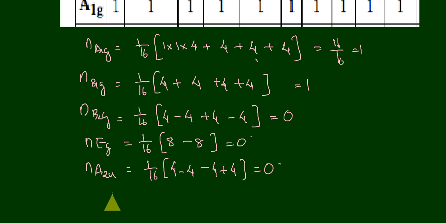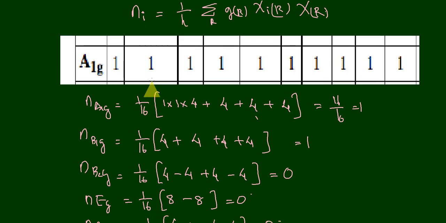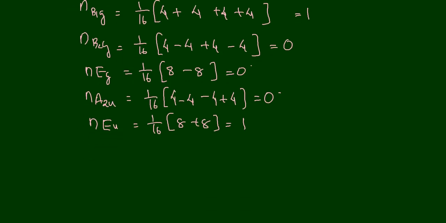Okay, and n Eu, you do it yourself from the character table: 1 divided by 16 into 8 plus 8, that is equal to 1. So this is how we can apply the reduction formula for the character table. I have shown in detail for one of these representations. You can follow the same method for the other irreducible representations also.